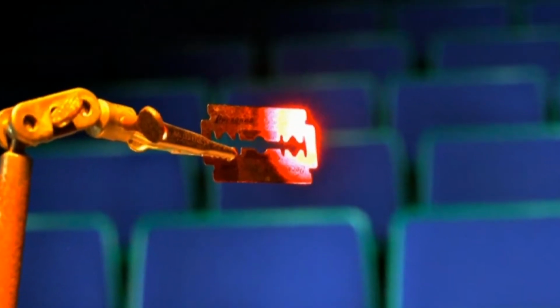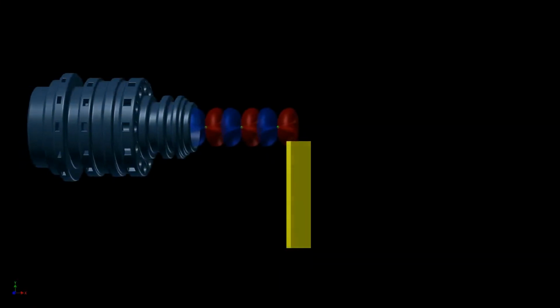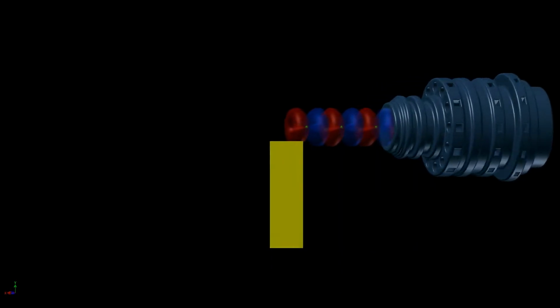Now let's get to edge diffraction. Notice the intriguing patterns around the edge of the razor blade. This animation shows a photon gun that will emit a single row of photons across the yellow edge.